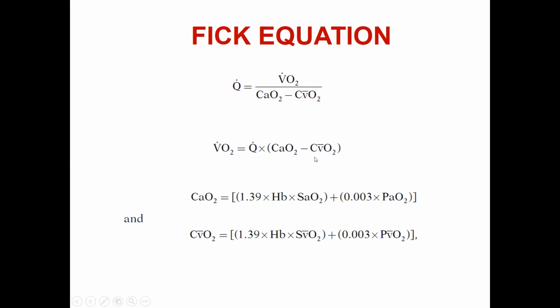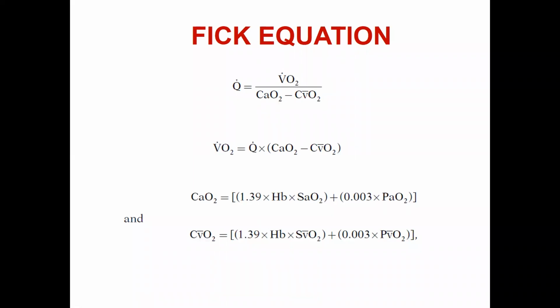In normal subjects and people who have cardiopulmonary disease, in particular cardiac disease, at peak exercise they will extract about 80% of oxygen. So assuming you're 100% here, you would be 20% at peak exercise. And this relationship does not change between normal subjects and diseased subjects. That is why we can use oxygen consumption as a surrogate of cardiac output.